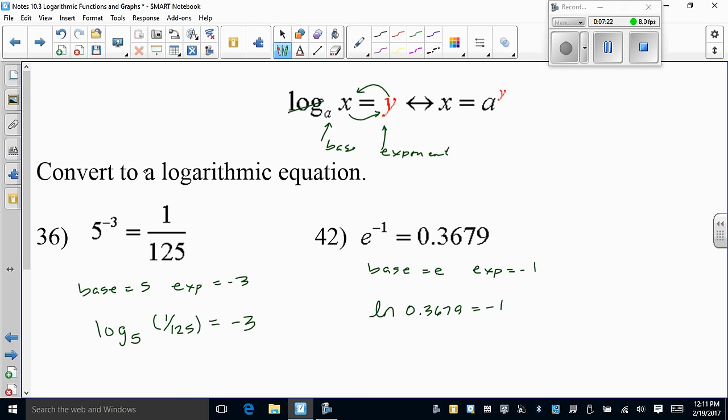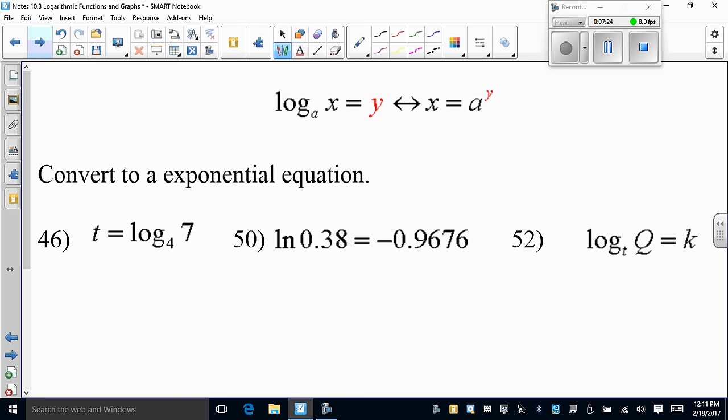Still, base equals 4, exponent is t, so it's 4 to the t power equals 7. This one, base e, this is my exponent, so it's e to the negative 0.9676 equals 0.38.